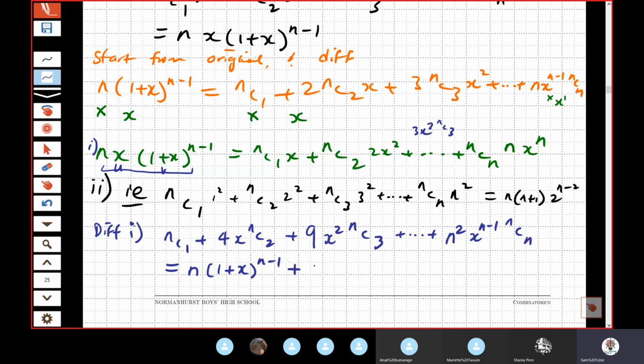So v dash is n minus 1, 1 plus x to the n minus 2, times u, nx. We did say question 7, right? We're talking about high band 6. So they need to realize when you see a question like that, that's going to be a product rule.